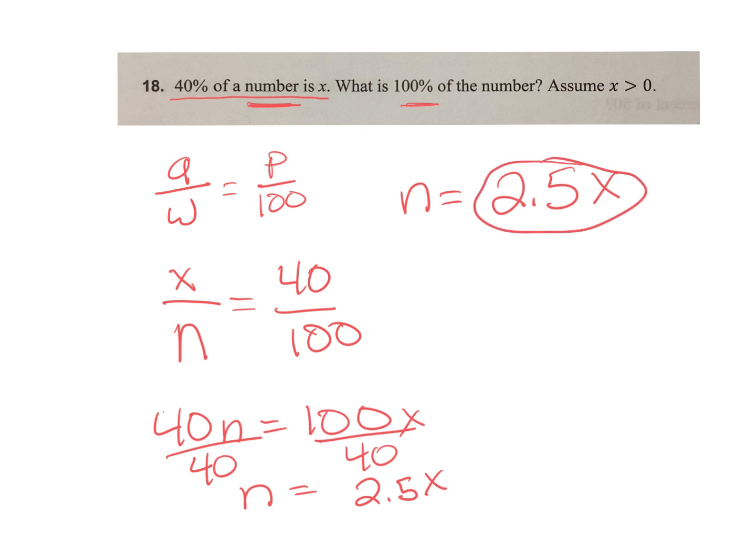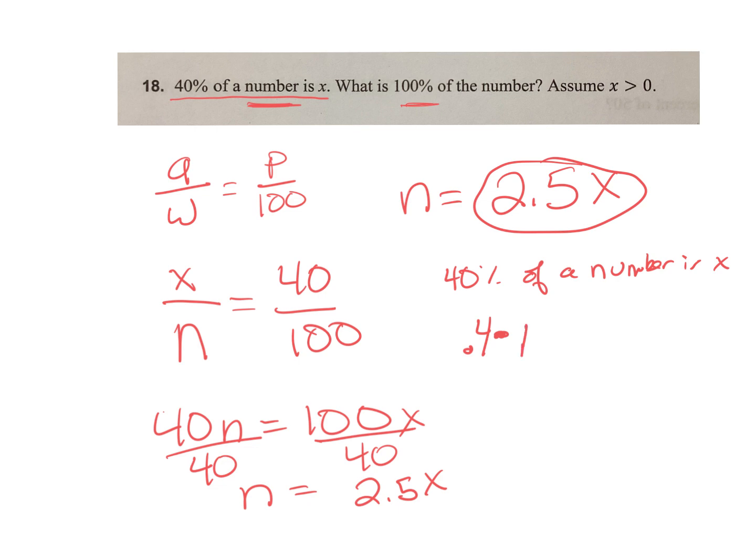Now we could have done it as an algebraic equation also. 40% of a number is x. So 40%, I'm going to make that into a decimal, 0.4. Of means multiplication.